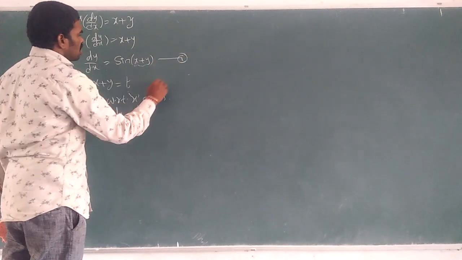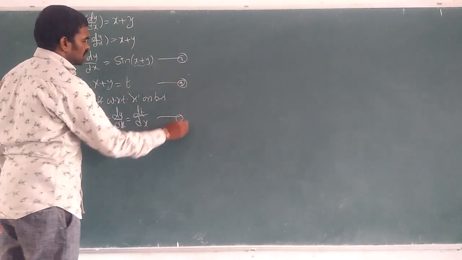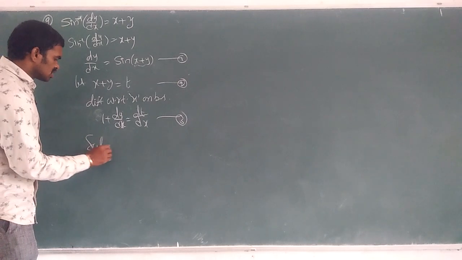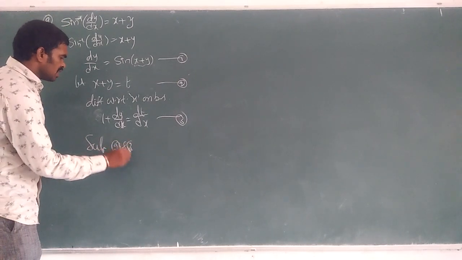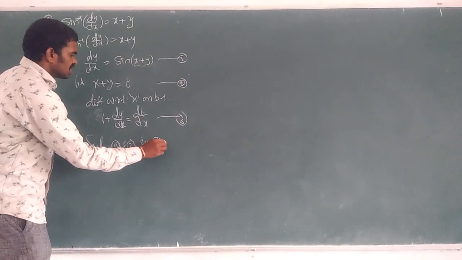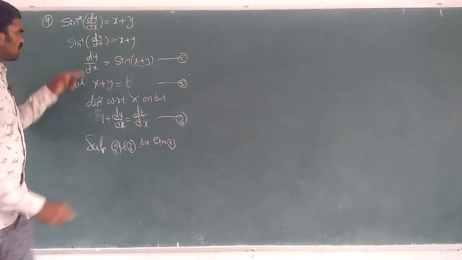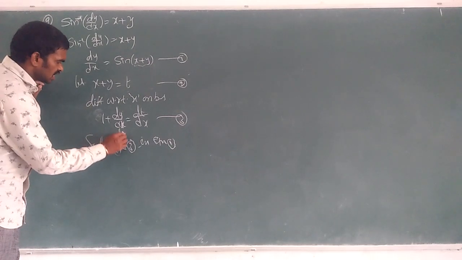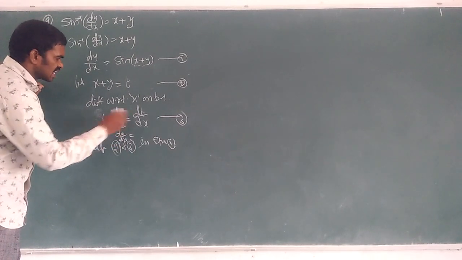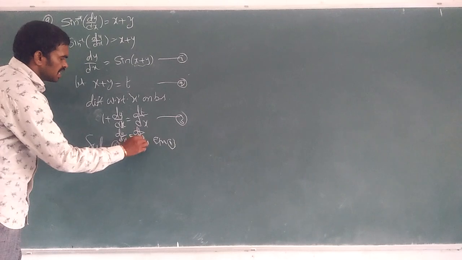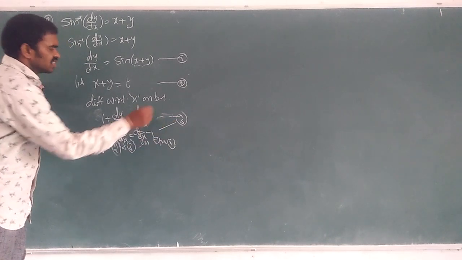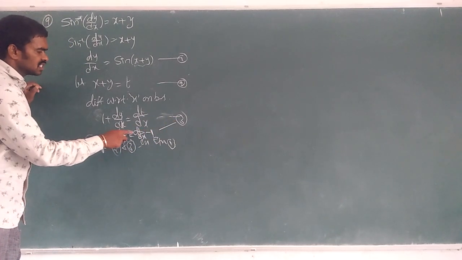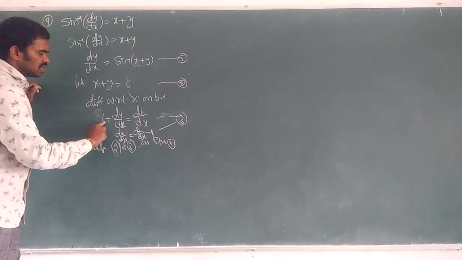This is equation 1, equation 2, equation 3. Immediately substitute 2 and 3 in equation 1. So equation 1 becomes, means dy by dx becomes, sorry, here one more step we have to write. dy by dx equal to dt by dx minus 1, moving 1 to the right side.